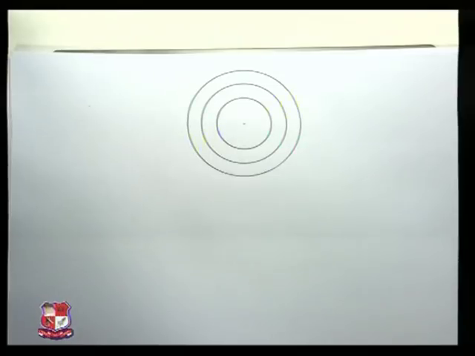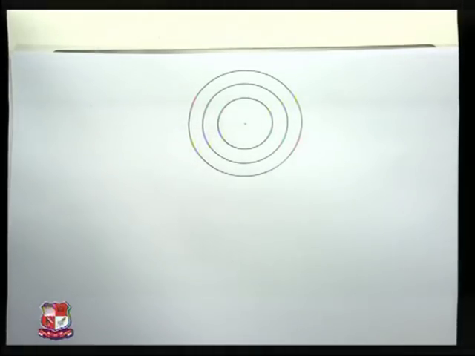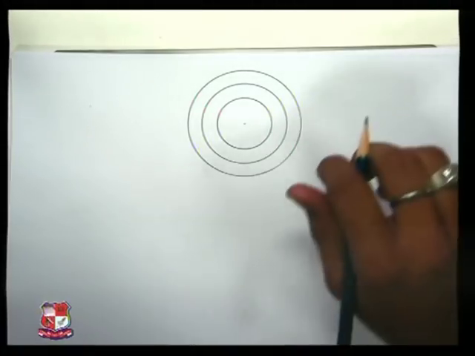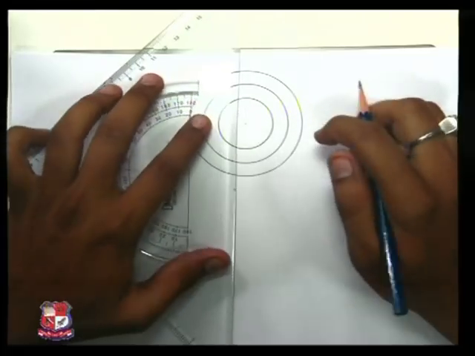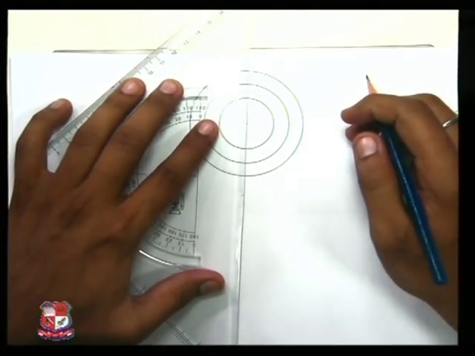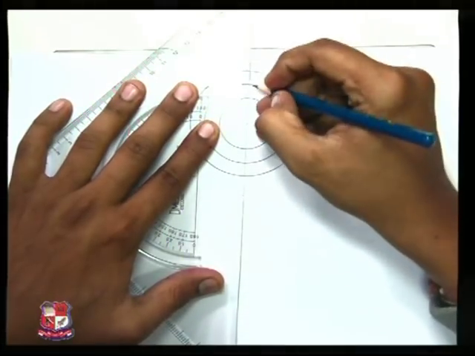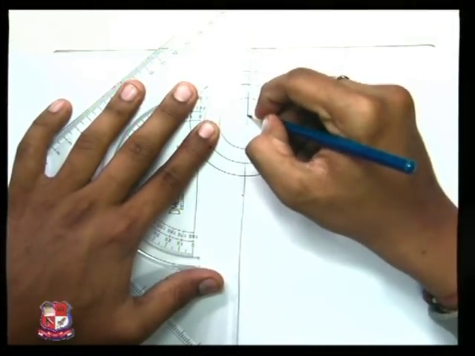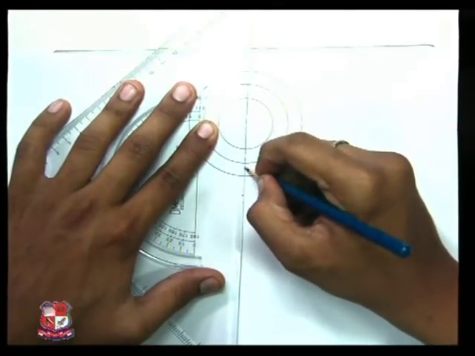Now, to show this center, I will draw the center line. How can you draw the center line? One long dash, a short dash, long dash, short dash, and so on.